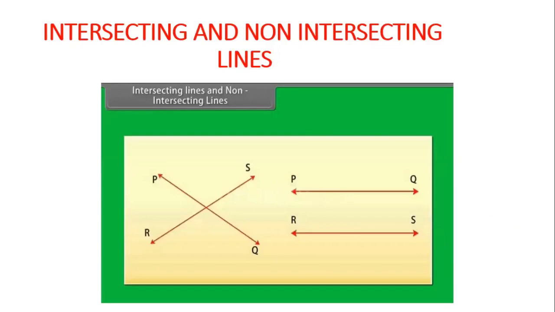Intersecting and non-intersecting lines. Intersecting lines क्या होती हैं? Which meet at a point. Non-intersecting lines ये कभी भी meet नहीं करती हैं, ये चलती जाती हैं और इन दोनों के बीच में distance same रहता है. These are also called parallel lines.